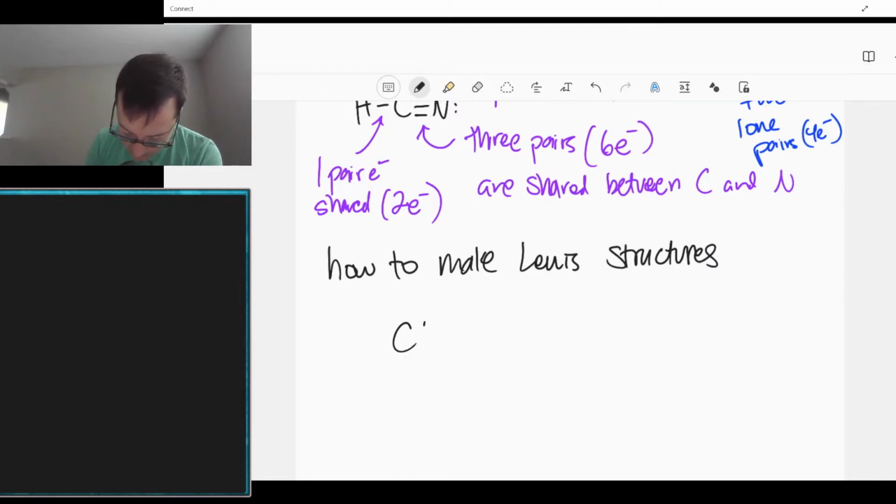Let's start off with methane. Easiest one, perhaps. We have two methods. The first method I'll teach you is counting the valence electrons.